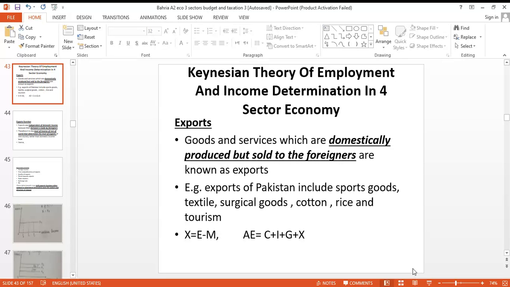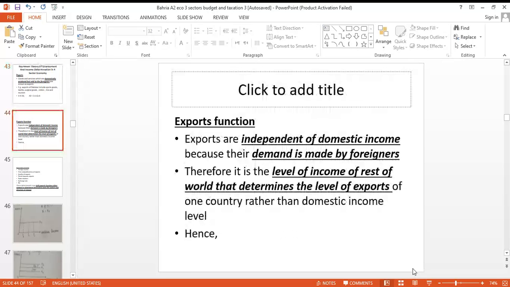Do keep this in mind that when we are talking about the export function, the exports of a country may be dependent on several factors, but the income of the people in the country is not really a very important factor when it comes to determining the level of exports.